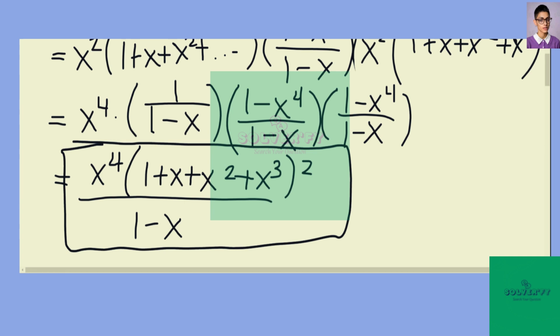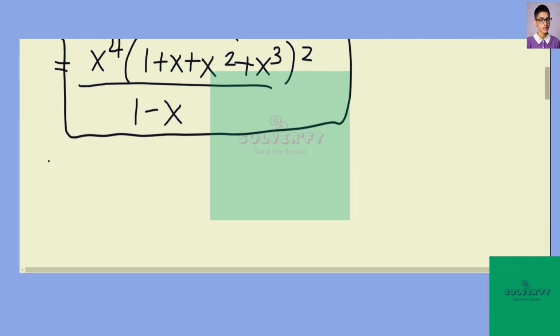And to find the term a6, we now consider this as x to the fourth over 1 minus x. We want to use the other form of the generating function.